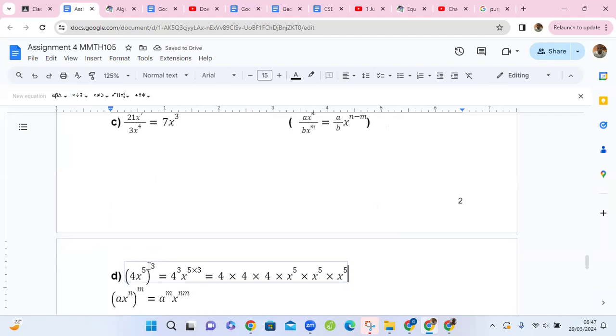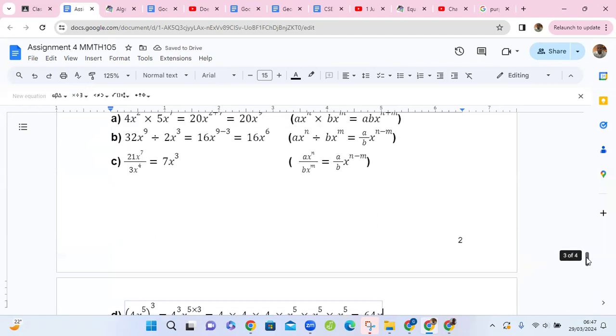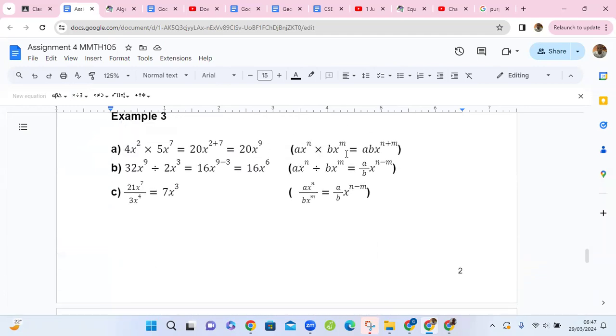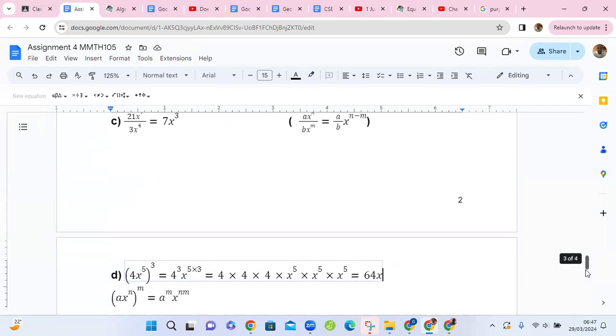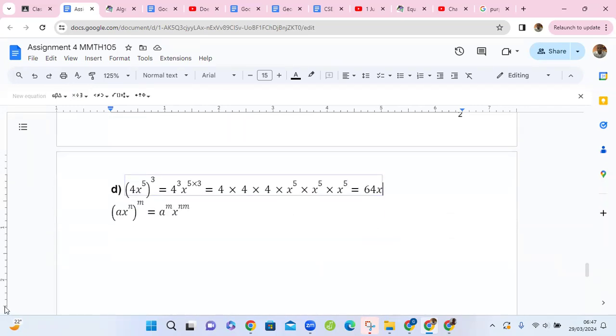So this is why, when 4 times 4 is 16, times 4, it was 64. And x to the 5 times x to the 5 times x to the 5 brings us to the first rule. That'll be 5 plus 5 plus 5. That will be 15. So this is why it is simplified to x to the 15.